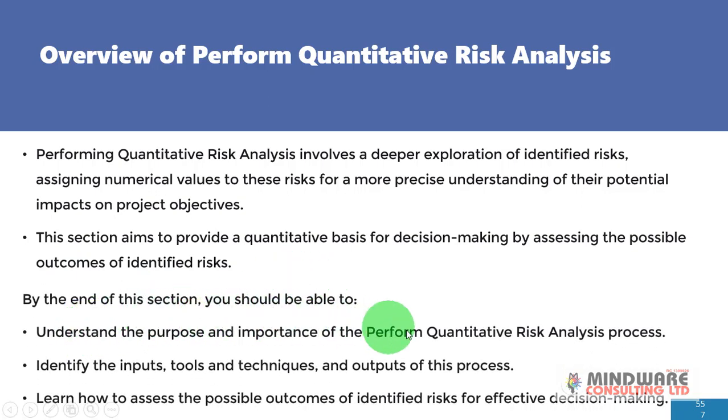By the end of this section, you should be able to understand the purpose and importance of the perform quantitative risk analysis process, identify the inputs, tools and techniques, and also the outputs of this process. You'll also learn how to assess the possible outcomes of identified risks for effective decision making. So moving on.